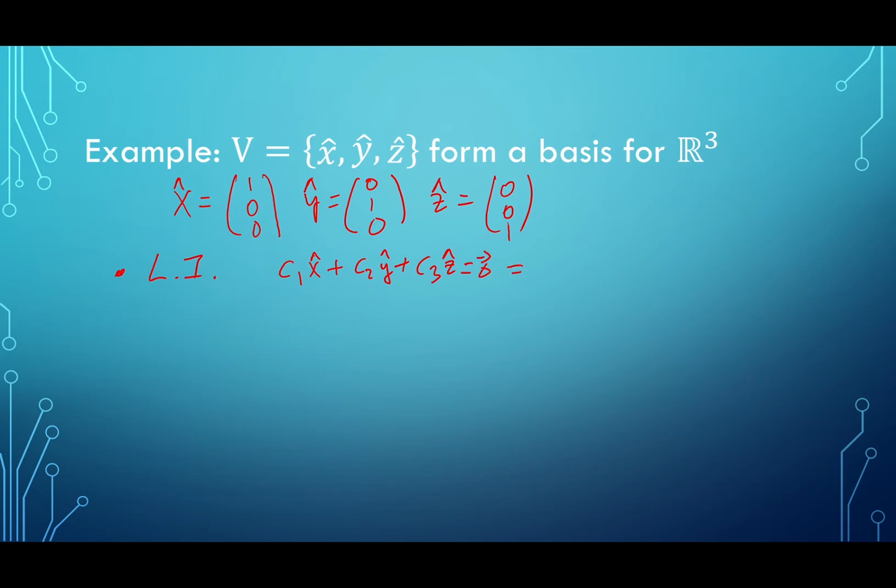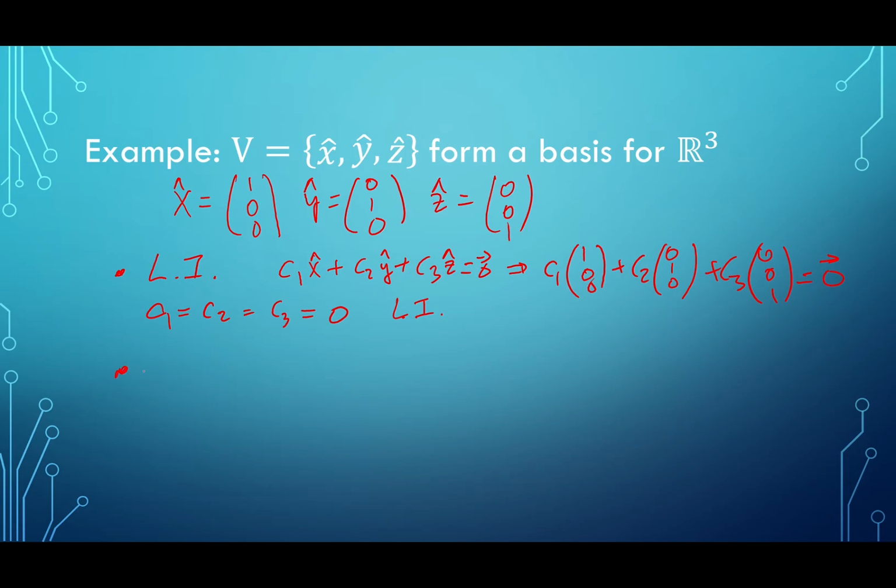Writing it out, this is trivial, because we get c1 equals c2 equals c3 equals 0. There is no other solution. Therefore, this set of vectors is linearly independent.